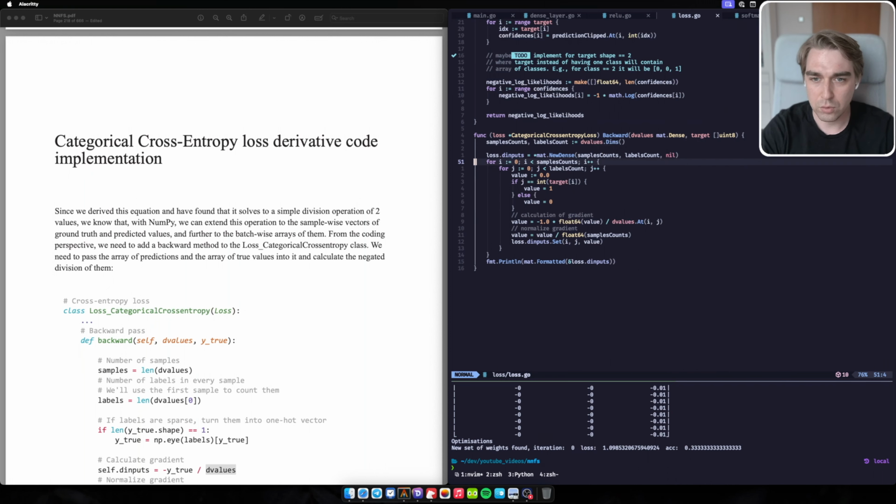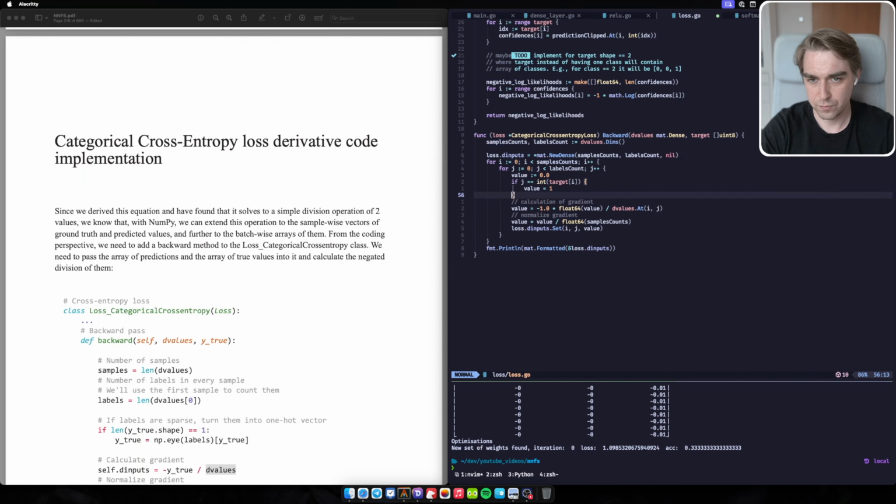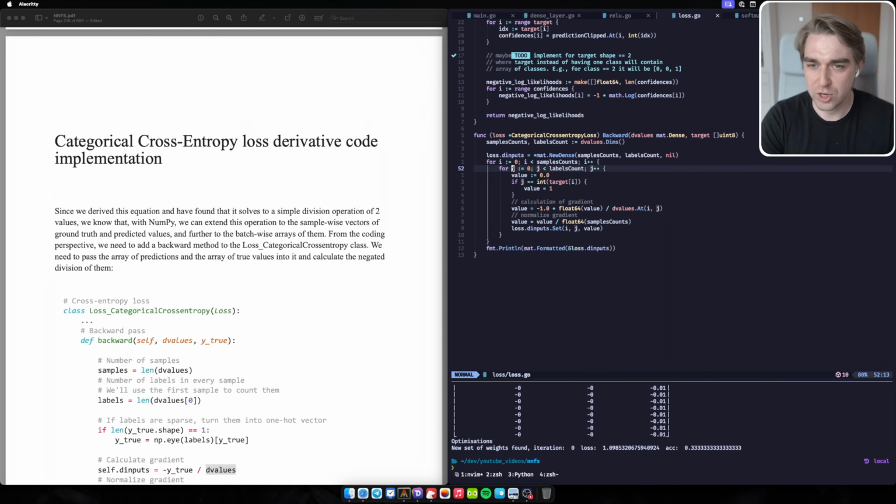Actually, I already declare it, so if we're on the target J value, let's try.